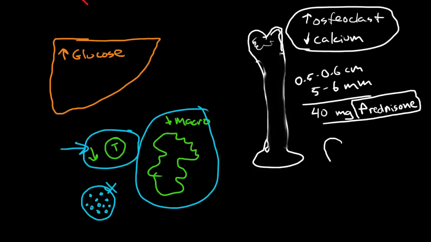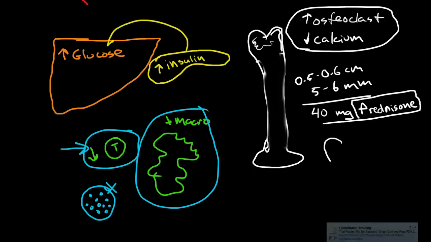Other effects, I'm going to draw next to the liver here, a little pancreas. One of the things it does in the pancreas, with effects on the endocrine system, is increasing insulin production, which again adds to its main effect of increasing glucose in our bloodstream.